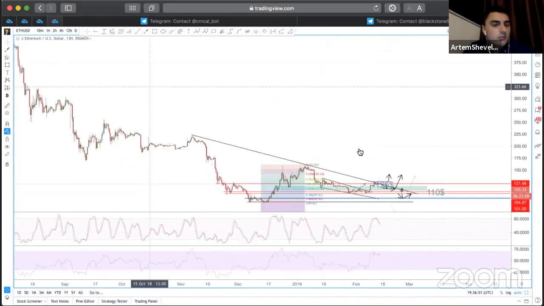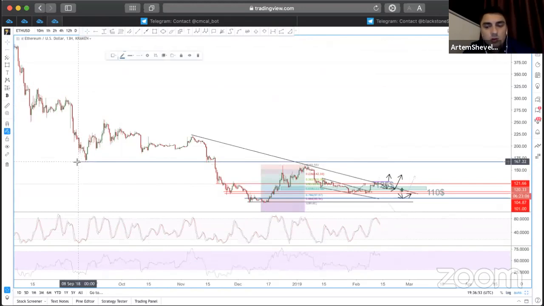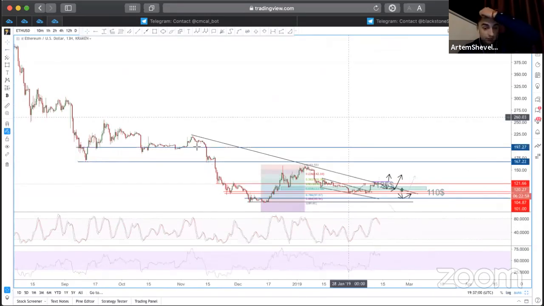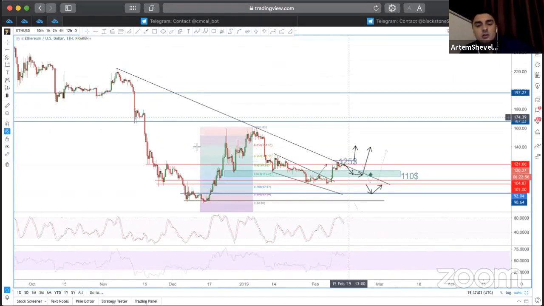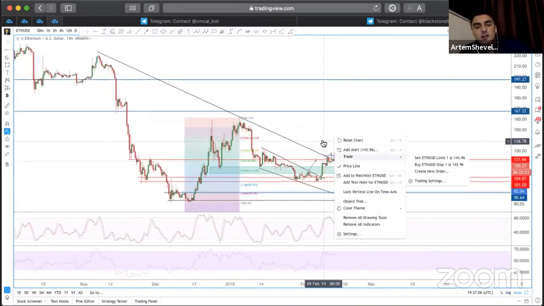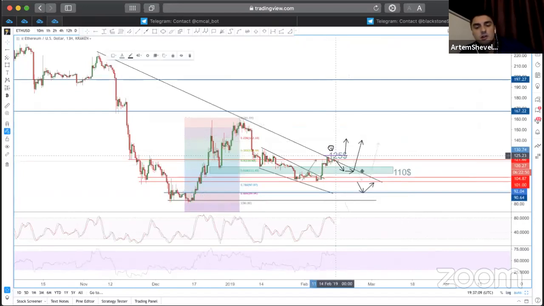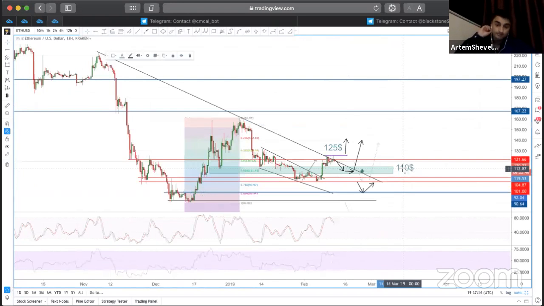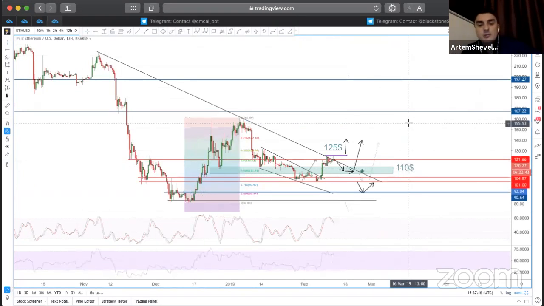It's probably first 165 and then 200. I think a lot of people are waiting for 200, because a lot of people are taking trades in this area of 200. They're trying to buy and hold, but it looks like the market is wrecking them.